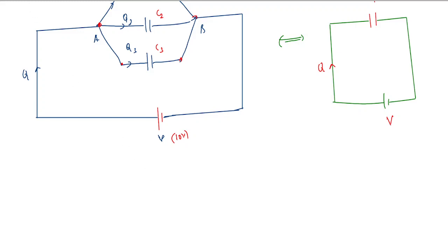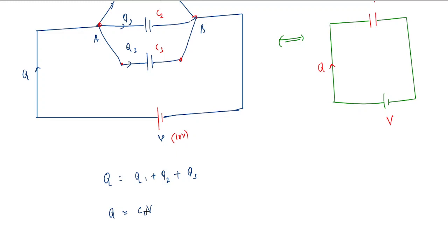Now from here we can say the charge divides. So capital Q, that is charge, is equal to Q1 plus Q2 plus Q3. Let's write Q in terms of C and V. Recall that Q is equal to C into V, which means capital Q is equal to C1 into V for Q1.